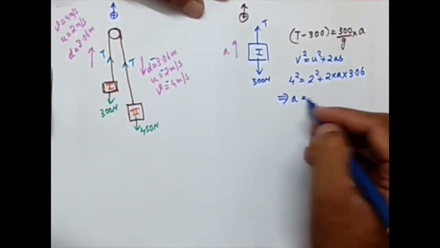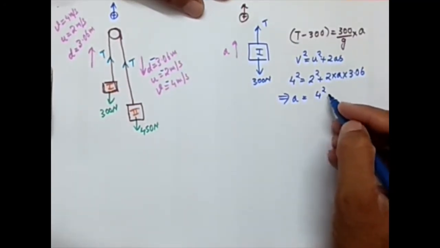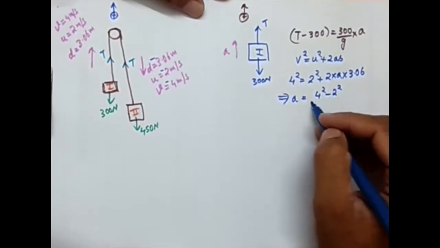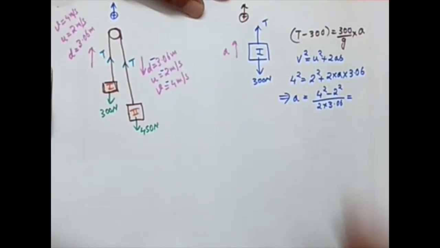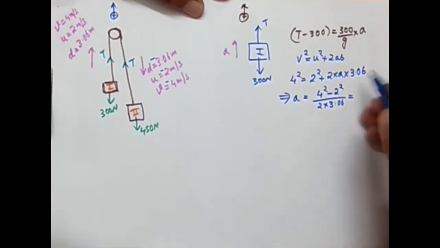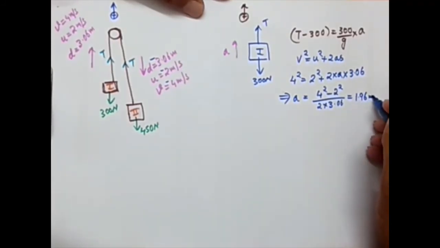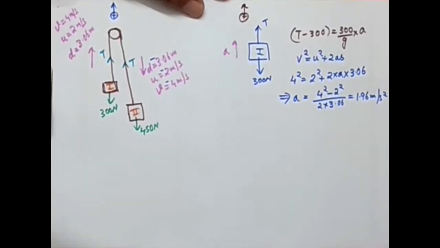From this I will get A equal to 4 square minus 2 square divided by 2 into 3.06. I am going to get a value as 1.96 meter per second square.